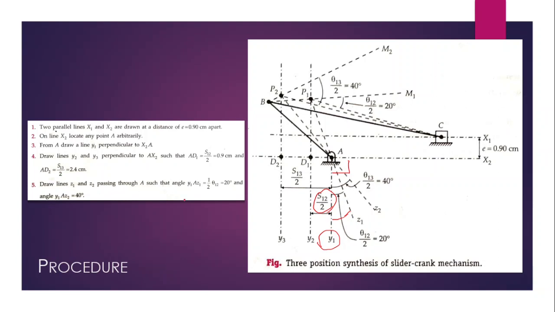And angle y1 A z2, this complete angle, is equal to theta 13 by 2. That's equal to 40 degree. Then we can easily construct these lines AZ2 and AZ1.